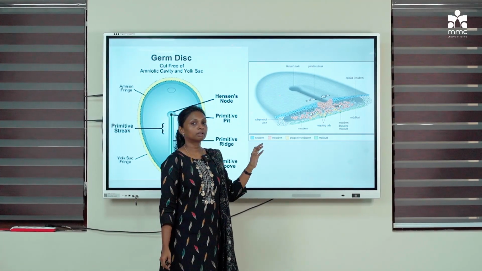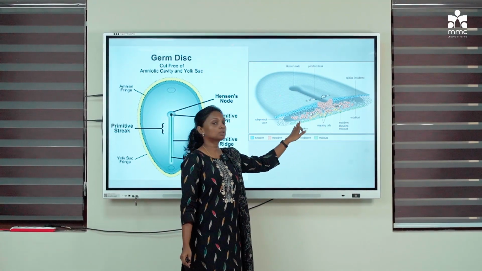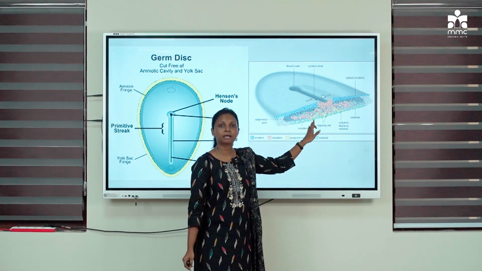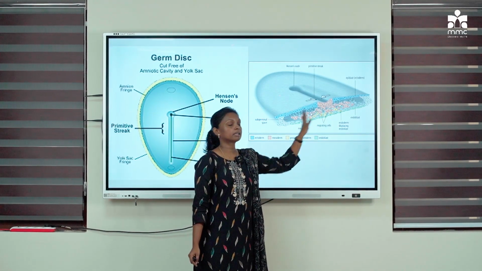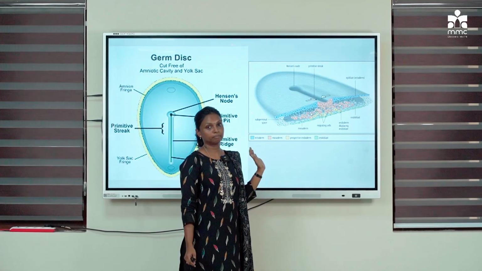The endodermal hypoblastic cells which were there are replaced by the newer migrating epiblast cells. After the replacement, this hypoblastic cell layer is called the definitive endoderm.